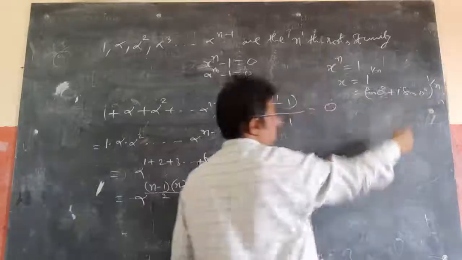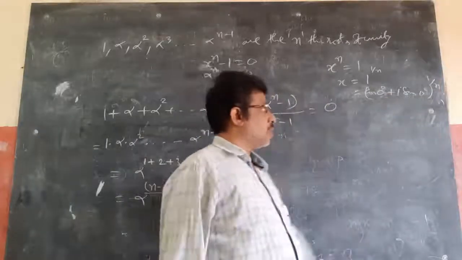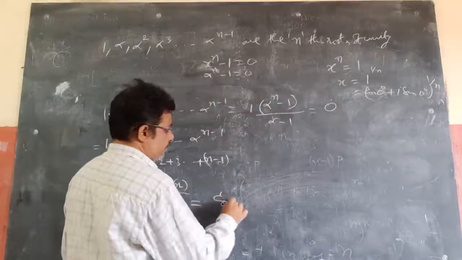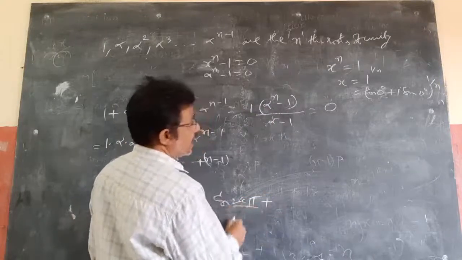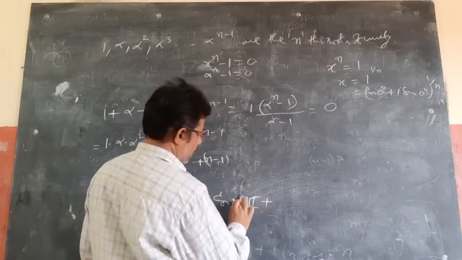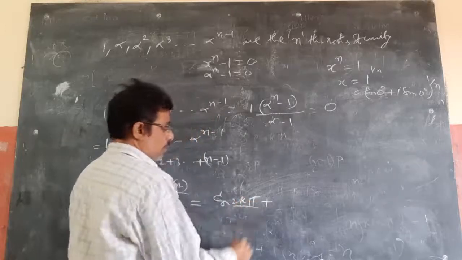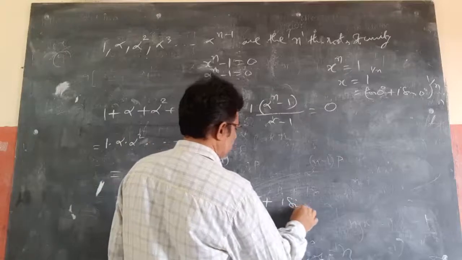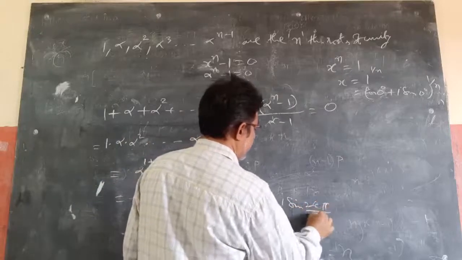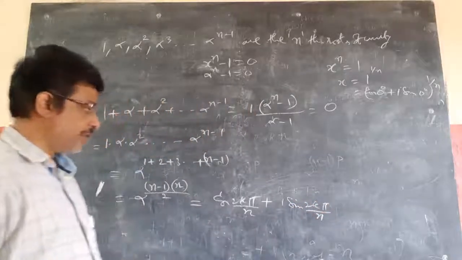It is 2k pi plus theta, so 2k pi plus 0, that is cos of (2k pi plus 0) by n, n is n only here, plus i sin of 2k pi by n. These are the nth roots of unity actually.